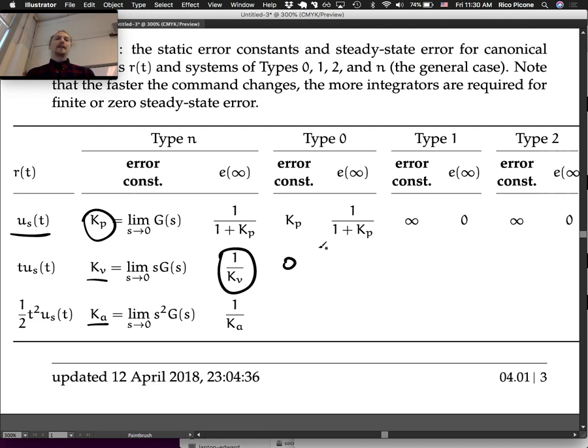And that's pretty disastrous for our steady state error, which is 1 over kV. So that's going to be infinite. Our steady state error, if you have a type 0 system and a ramp input, is terrible. It never catches up.